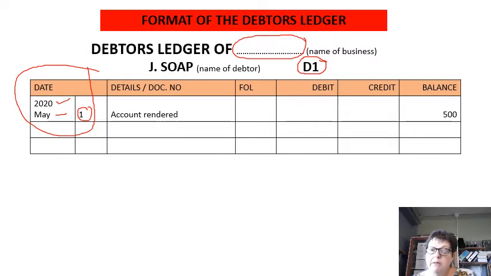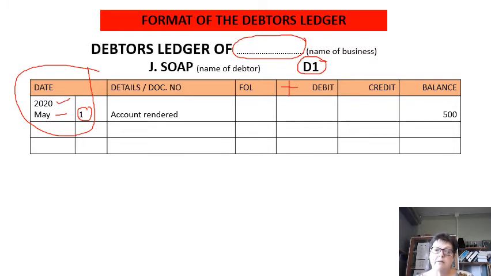The debit column is the plus column in the debtors ledger. Remember, debtors are assets, and an asset increases on the debit side. In a debtors ledger account, you do not have sides. You have columns.